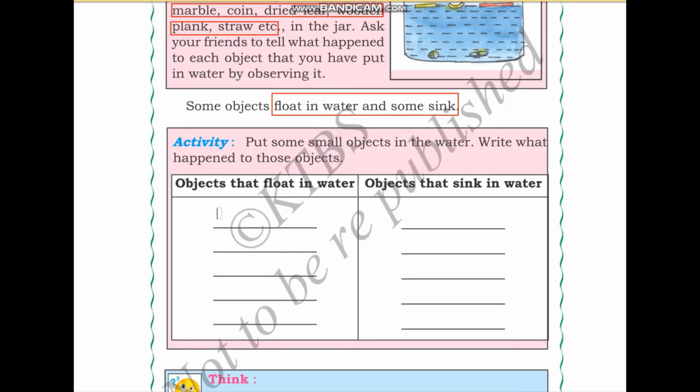Objects that float in the water, in the examples they have given, include the dried leaf, wooden plank, straw, etc. And the objects that sink include the coin and marble. You can add to this list if you have experimented with any other objects also.